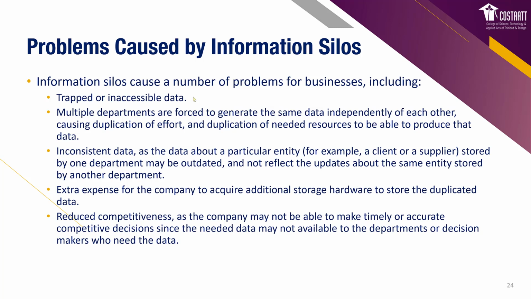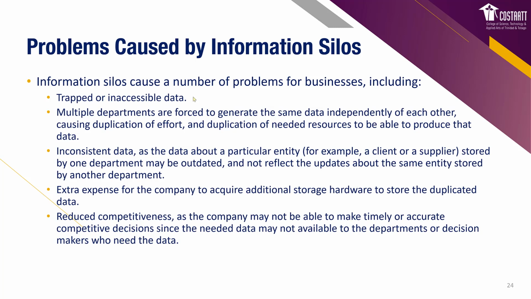As for the data about a particular entity, and we talk about entities in databases, remember chapter 5, the data about a particular entity, for example, a client, or maybe a supplier, but let's stick with client for now, that is stored by one department may be outdated and not reflect the updates about the same entity stored by another department.